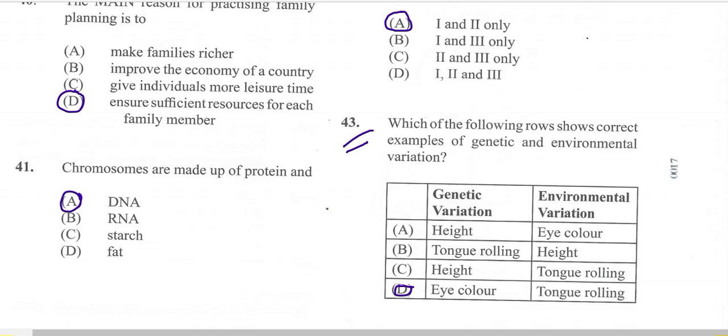Height can be both genetic and environmental variation, though the environmental variation might be really, really low. Now, eye color is going to be genetic variation. Tongue rolling, though thought to be genetic variation, can be learned. You can learn to roll your tongue over time.